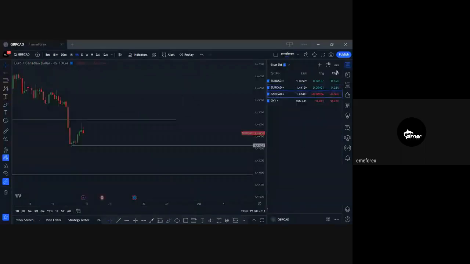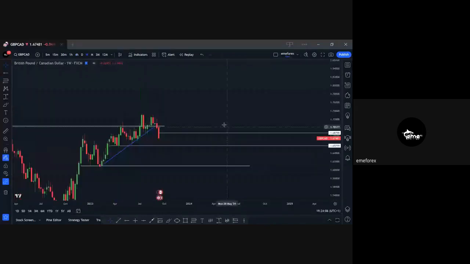The last on my list is GBPCAD. GBPCAD is relatively still new to the sell-off versus EURCAD. If you look at the markout I have on my chart here, this is my structural low. This is the highs which we tapped into, and we are currently dropping off from that level.